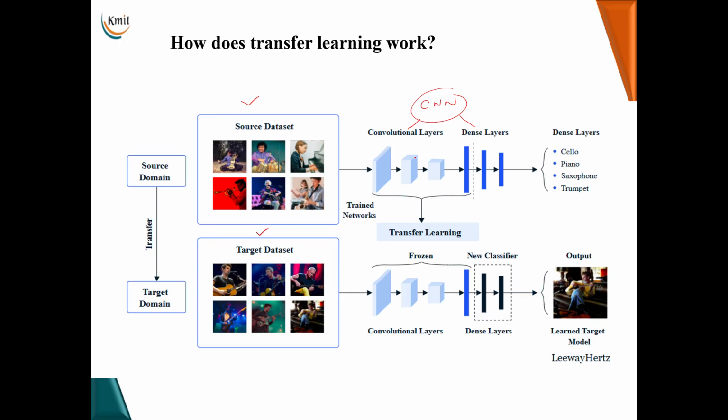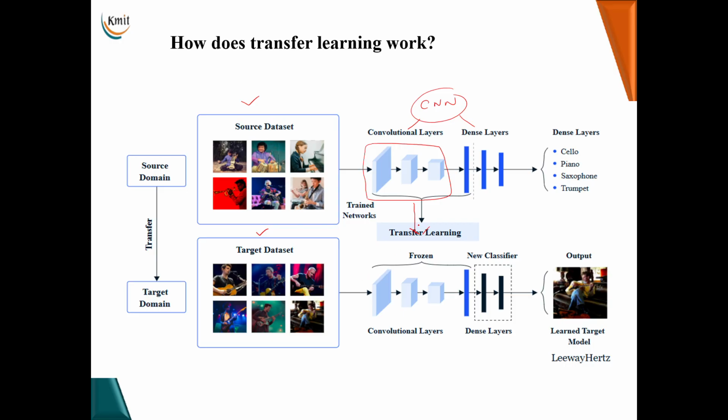Once the network is trained on the source dataset, the convolutional layers which extracted the features have learned all the features of the images like patterns, shapes, edges, texture, etc. This trained network, or pre-trained network, can be transferred to a new task in the target domain.